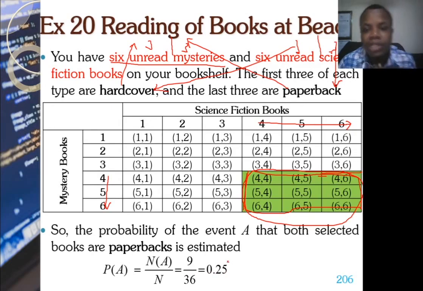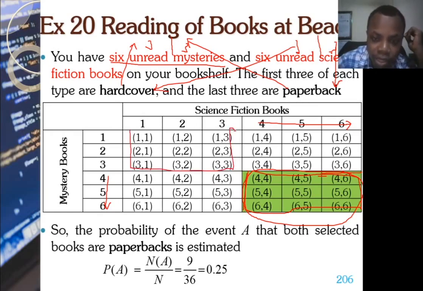In another situation where the books being selected are only hardcover, it means that this is just going to be within this section, because the first 3 books are all hardcovers, and this exactly is going to be 9 on 36. So with this, we can estimate our probabilities as we see fit.